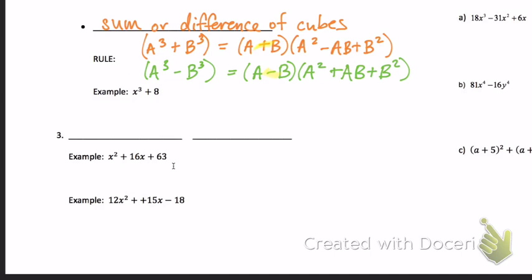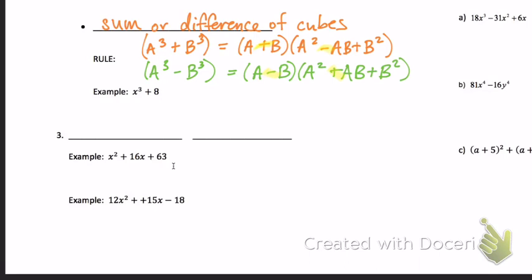If you have a cubed minus b cubed, you have a minus first, and the rest of the signs are positive. If you have a cubed plus b cubed, the first sign is positive, then negative, then positive. Minus plus, plus minus. That's a way to memorize it.